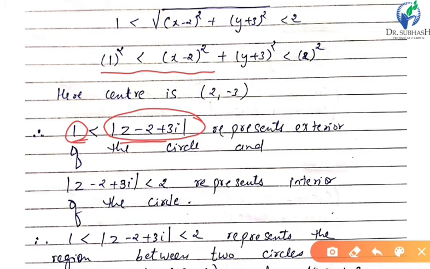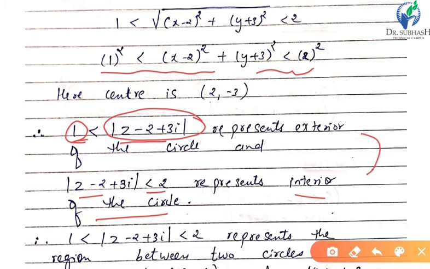And when I take the second part, |z - 2 + 3i| < 2, this will represent the interior of a circle, meaning a circle with radius less than 2.